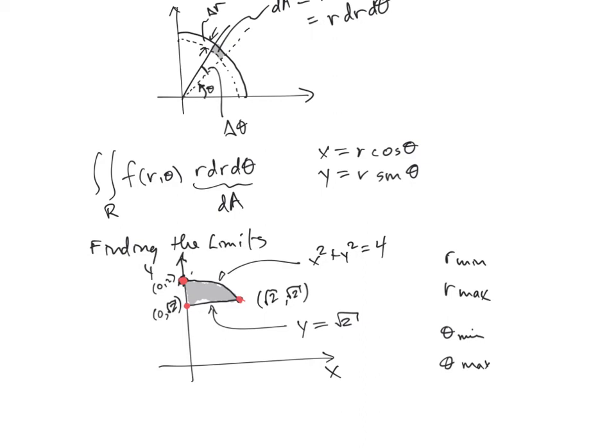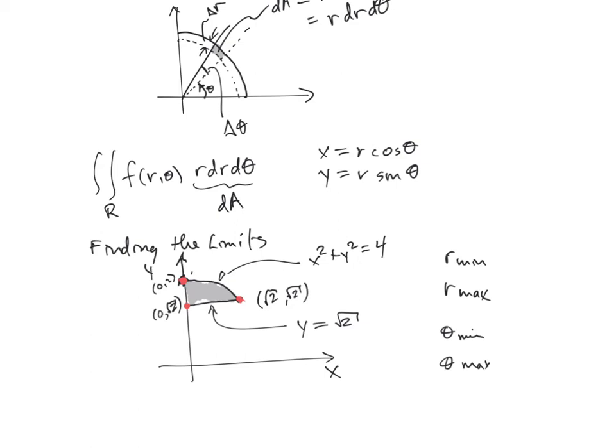So let's think that way. We're going to integrate with respect to r, which means we hold theta constant, and we're going to draw a line in the direction of increasing r. r always starts at the origin and goes radially outward. That's what r means. It's the radius from the origin.